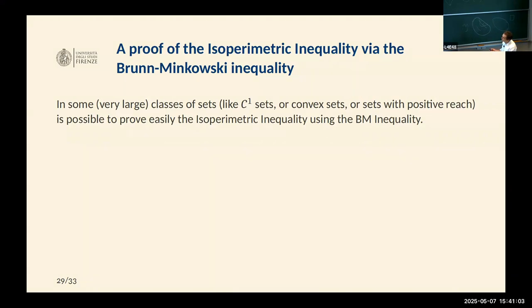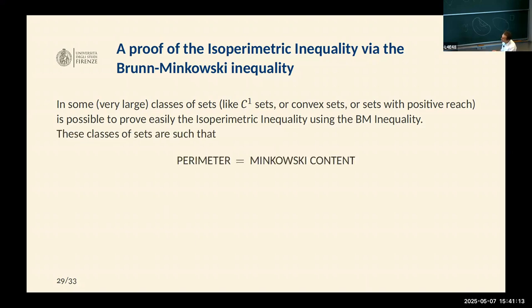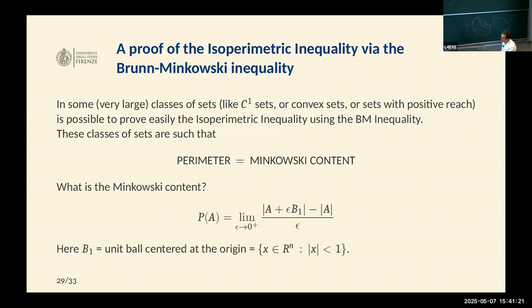And now, as I told you, the Brunn-Minkowski inequality permits you to prove the isoperimetric inequality in a very large class of sets. Essentially the sets where the perimeter is like the Minkowski content. What is the Minkowski content? You can find the perimeter of a set just using the measure and the Minkowski addition.